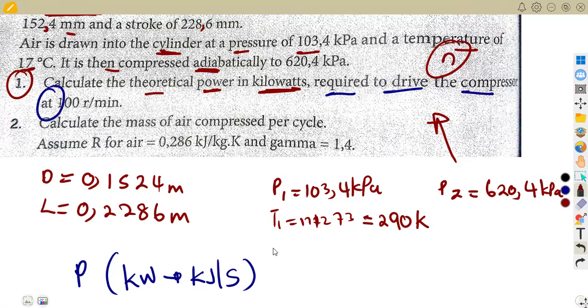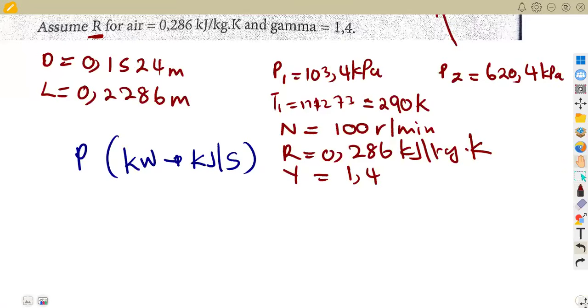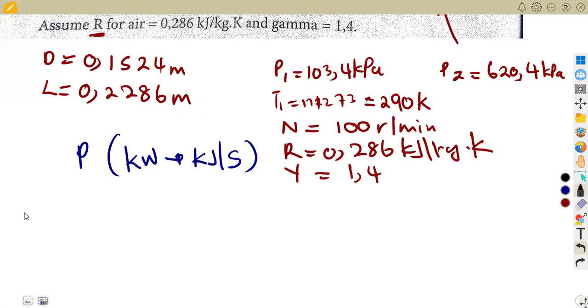The compressor is moving at a speed of 100 revolutions per minute, given that for air, R is equal to 0,286 kilojoules per kilogram Kelvin, and gamma is given as 1,4. Like I said, adiabatic is for theoretical, but as we are supposed to work with a polytropic where we use N, the formulas are just the same.